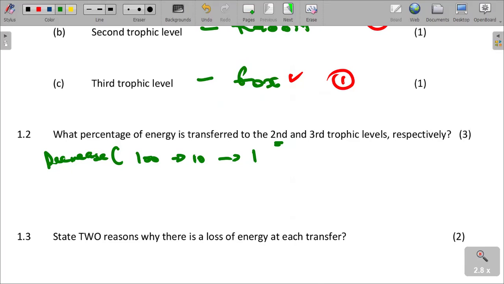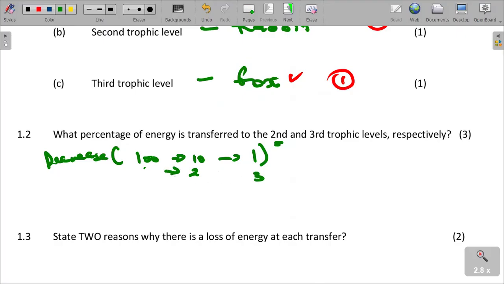So, in other words, we can say, on average, energy is being transferred from trophic level 2 to trophic level 3. We can say that 10% of energy, as we can see, this is second and this is third.